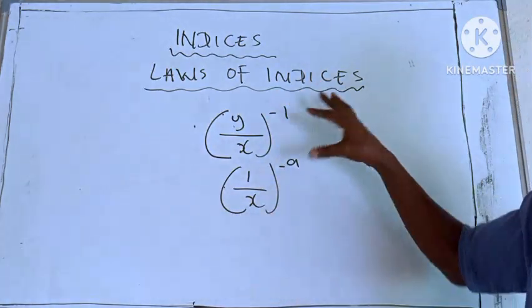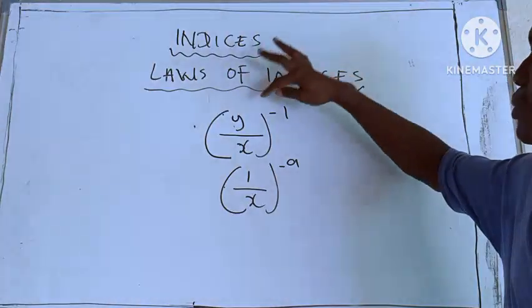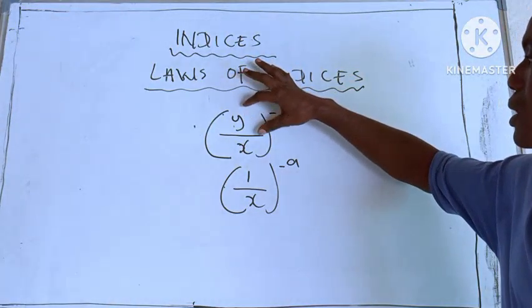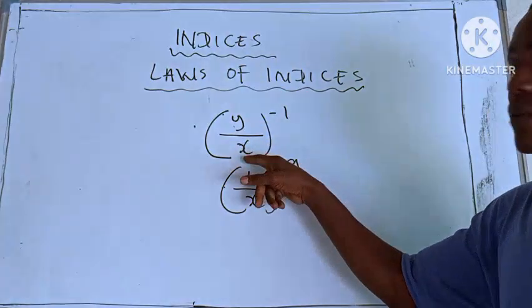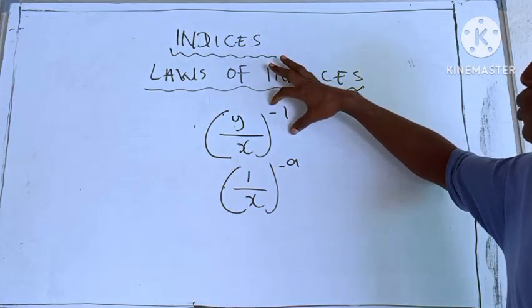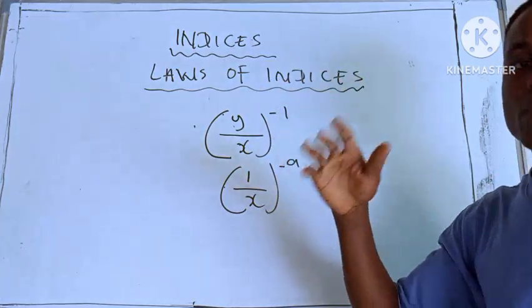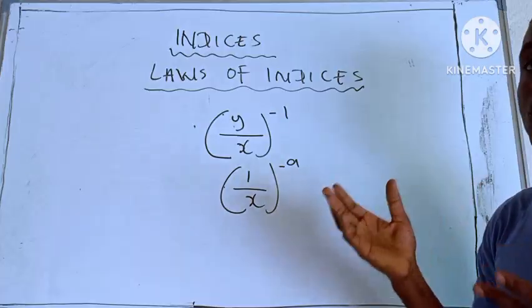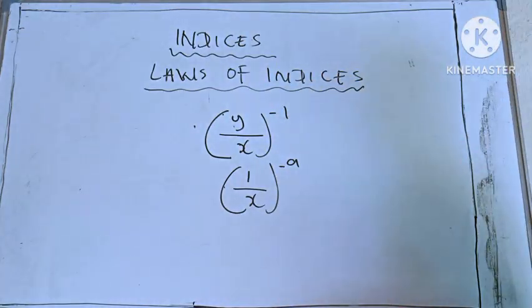So understand this one first. When you come across a numerator divided by a denominator, then raised to power minus, it can be -1, -2, -3, -4, any number, but the minus sign is there. So that is the main thing.